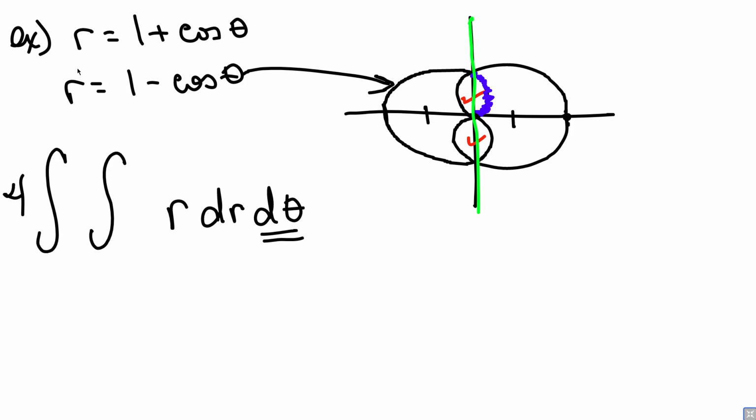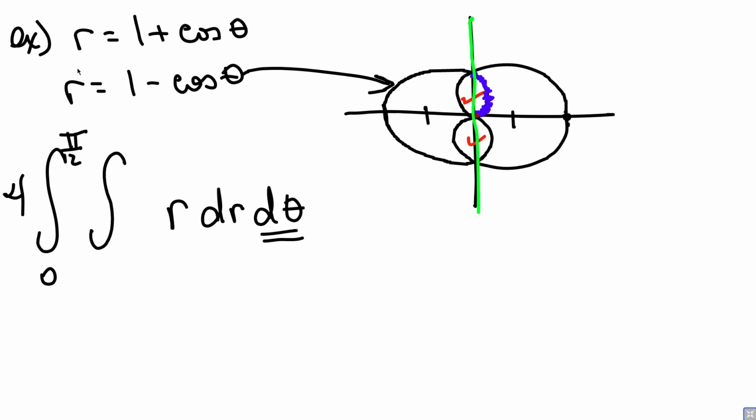So our limits of integration for theta are going to be from 0 to pi over 2. Now, for the radius, the radius starts here. So the radius would be what? 0 to 1. It's going to be 0.